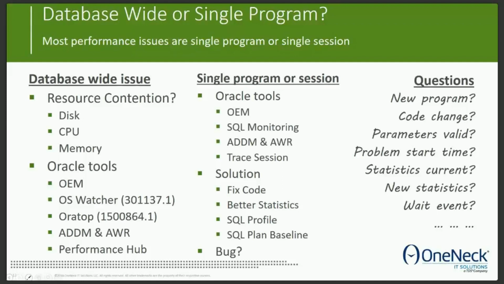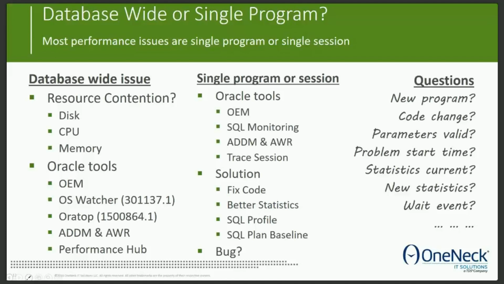Sometimes even if the statistics are there, data skewing and things like that could cause performance issues. Then you may have to create a SQL profile or a SQL plan baseline. Or it could be a bug, you are hitting a bug, and then you need to open an SR with Oracle and get a fix. So that is the path for single program or single session troubleshooting.